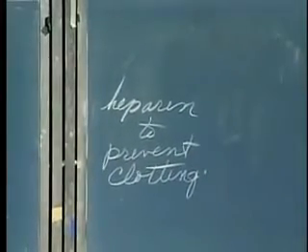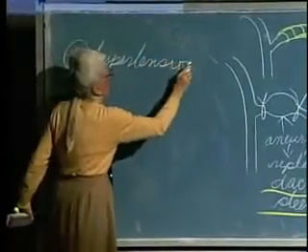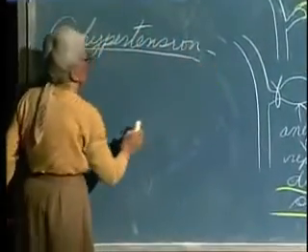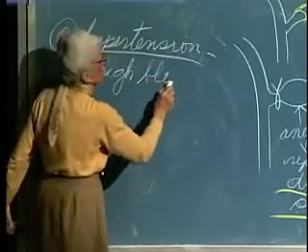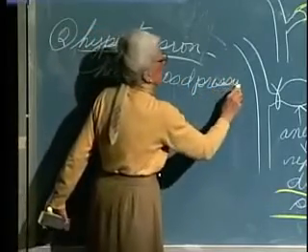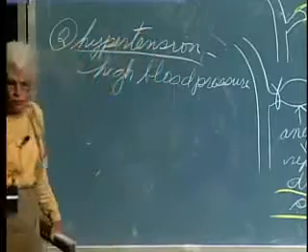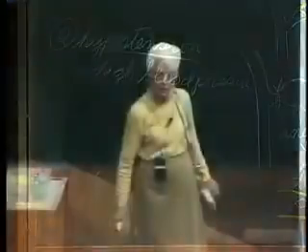Now, another disorder with the vascular system will be hypertension, which, as you know, is high blood pressure. Reportedly, 1 out of 5 adults in America have hypertension.